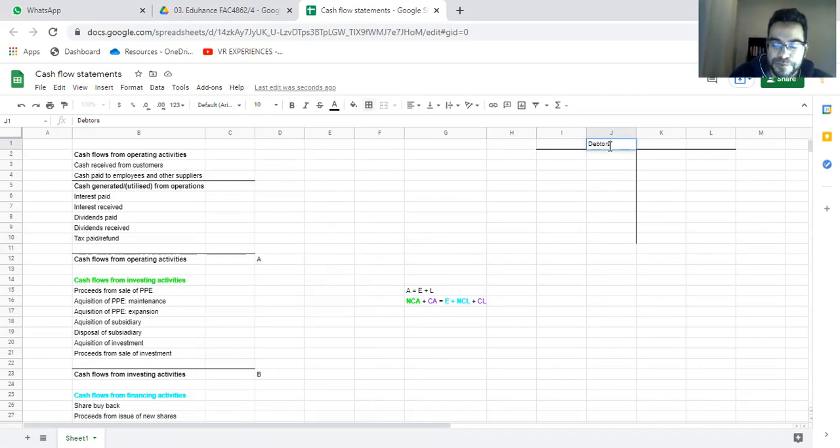So for debtors, we will have an opening balance. As an asset, the opening balance is on the debit side, and automatically the closing balance of an asset is on the credit side. What can increase debtors is sales. Remember, the assumption is that everything is on credit. What can decrease debtors is bad debts.